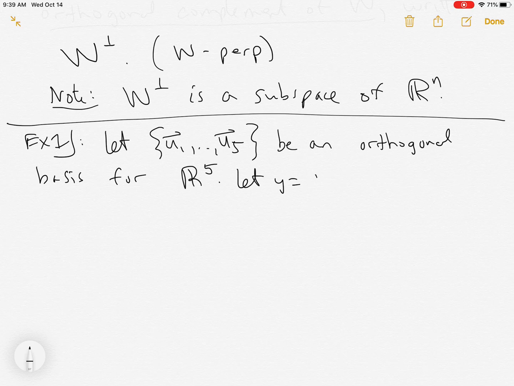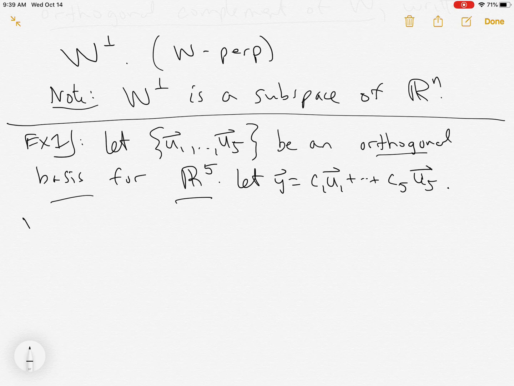So let y be c1u1 plus dot dot dot c5u5. So y is just some vector, oh, sorry, some vector in R5, not W. I haven't even defined W yet. So u1 through u5 is an orthogonal basis for R5. We're going to let y be a vector in R5.